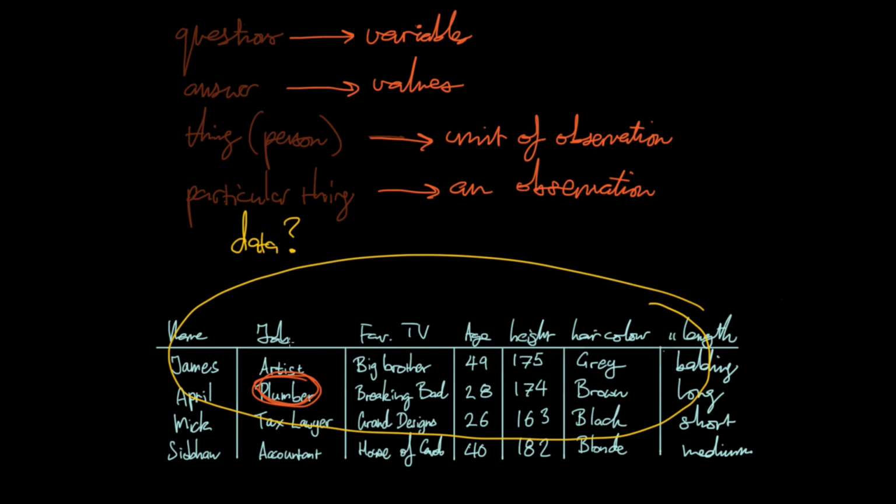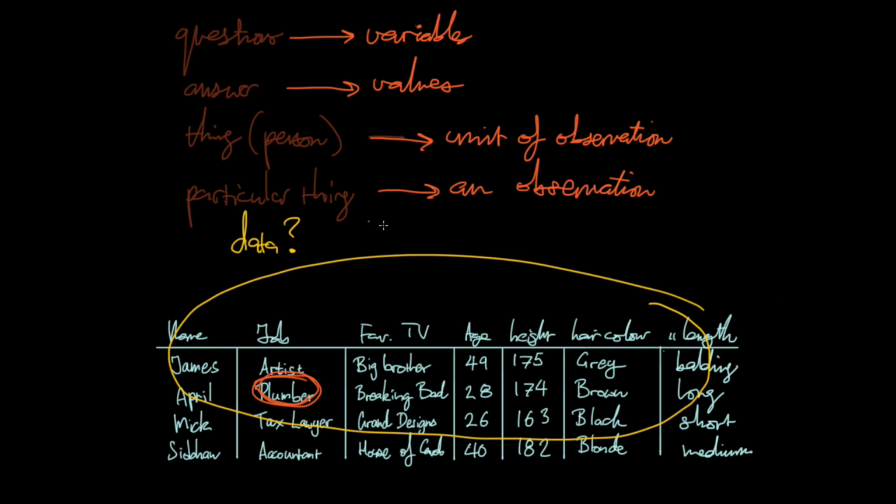It's important that we have these three things: the values, the variables, and our observations. If we just have values like 49, 28, 26, 40, we don't know what they're referring to. They could be the heights of small children, or the number of days in a year with rainfall. We need the variable or the question to give the value or the answer meaning. So if we've got values, we need variables to give them meaning.